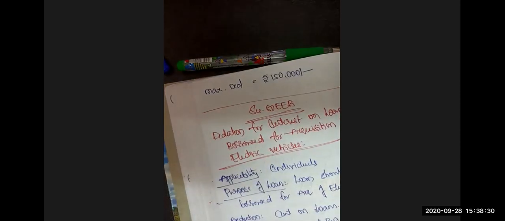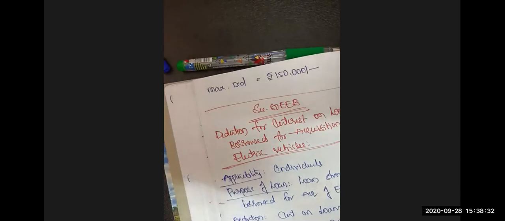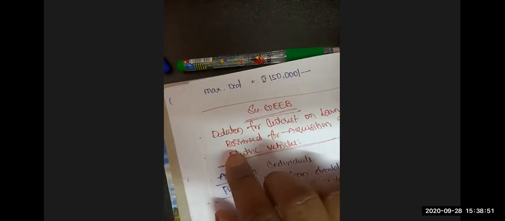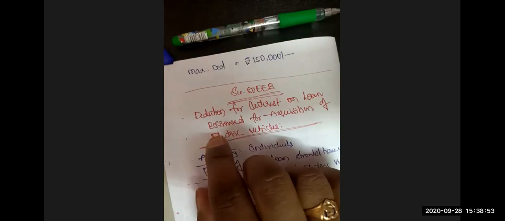So if you have a self-occupied property used for your residential purposes, under section 24B you can claim a maximum deduction of 2 lakhs, and in addition to that, you can claim 1,50,000 here. Are you following? It's a new section introduced by the Finance Act, so one must be very careful. At least one MCQ will definitely be asked from this provision.